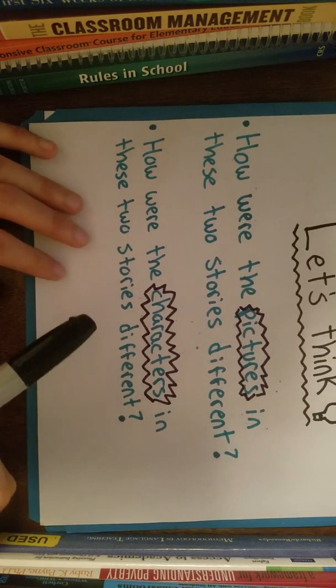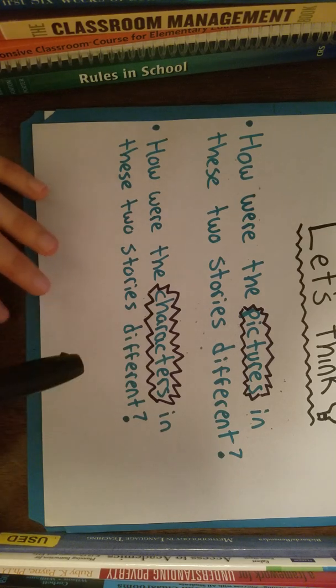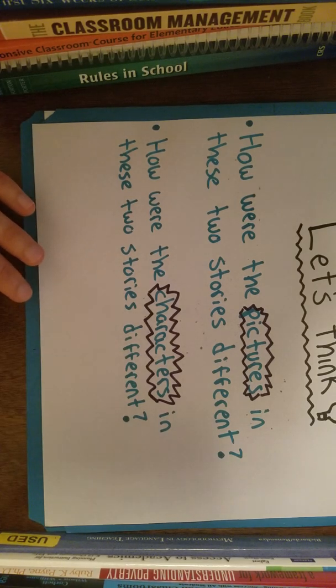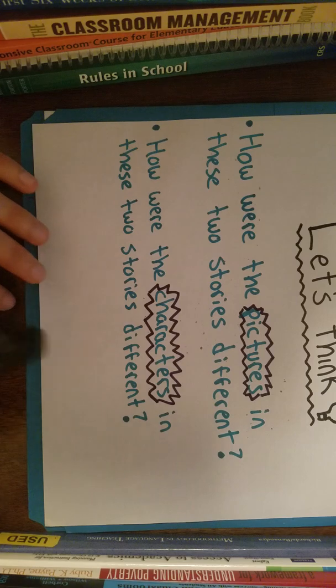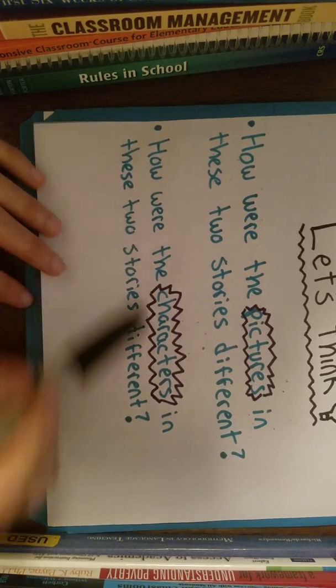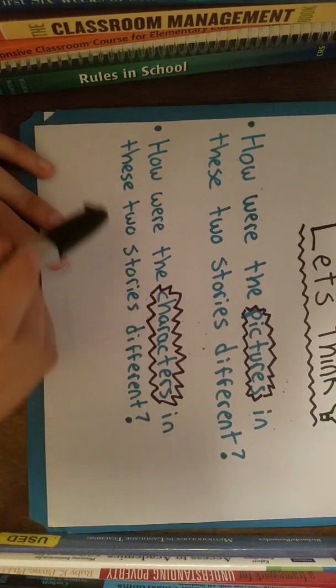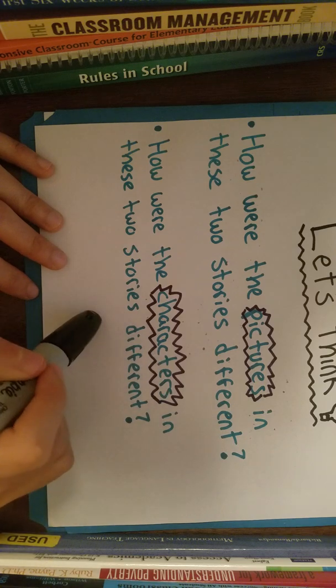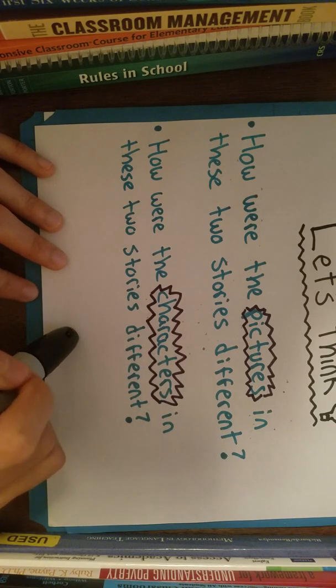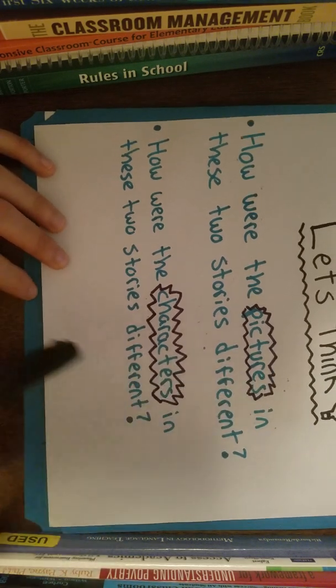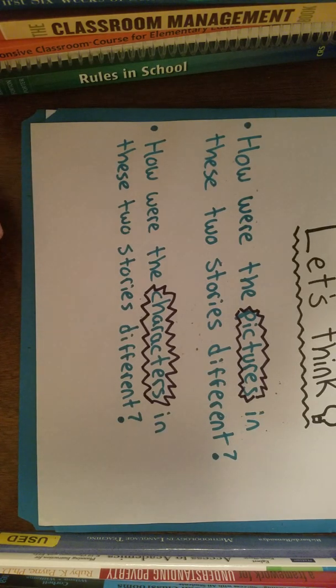Because Clark the Shark was acting in a much different way, and he could do something that normal sharks can't do, but I don't think I saw the pandas doing that. So maybe for number 3 in each story, you want to discuss how the characters in the stories were different. And these 2 things, the pictures and the characters, we're going to see those come up again and again when we compare stories that are meant to inform versus stories that are meant to entertain or persuade.